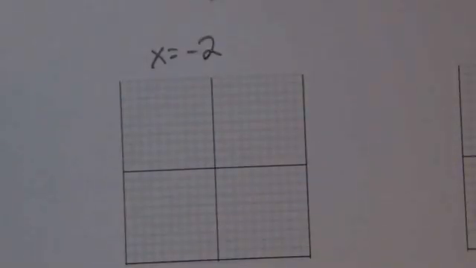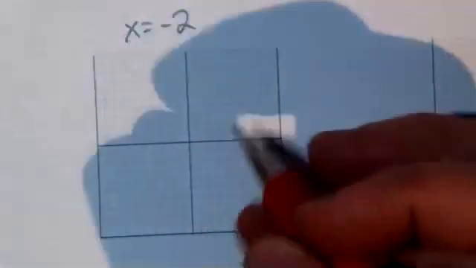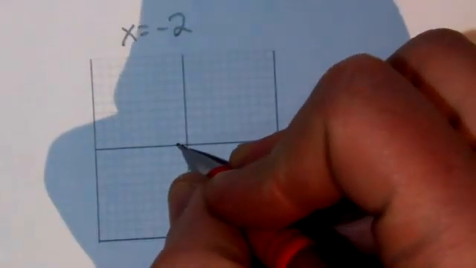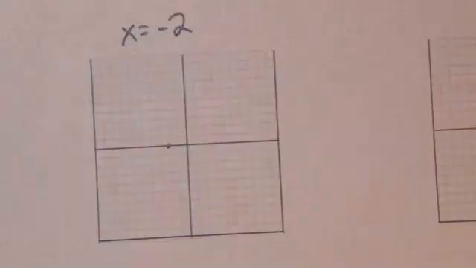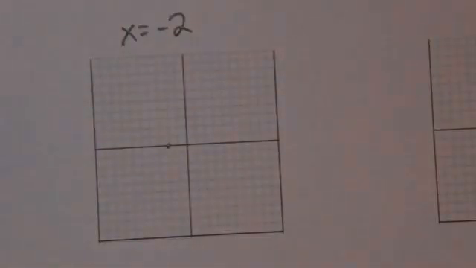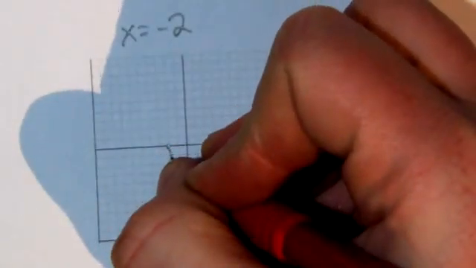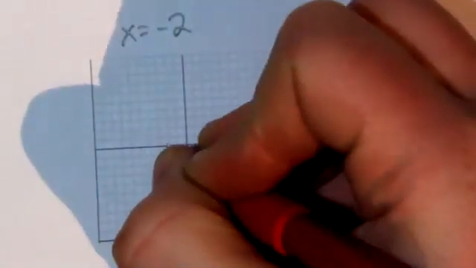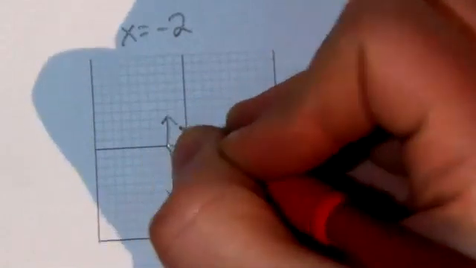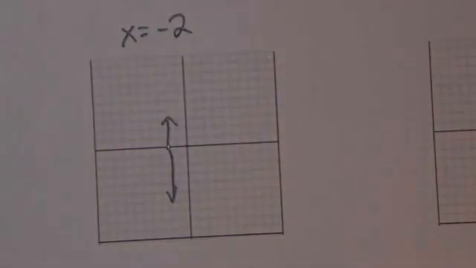So let's do some more practice. What if I have x equals -2? Well, x equals -2. I know I need to plot the point -2 on the x-axis. And if I have x equals, I should look back in my notes, and I should have a vertical line. Again, I did not use a ruler. Bad, Mr. Harris, because that's not a very straight line.